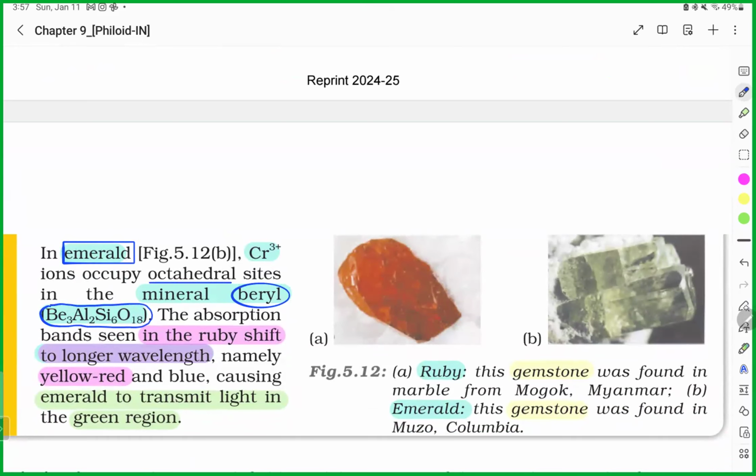Color will change, and due to the d-d transition there will be a different color. Correct, and that's why it will transmit a different color and look green. You can see in the second diagram, it looks green. In the first diagram, it is orange pink. The reason is the same, d-d transition.